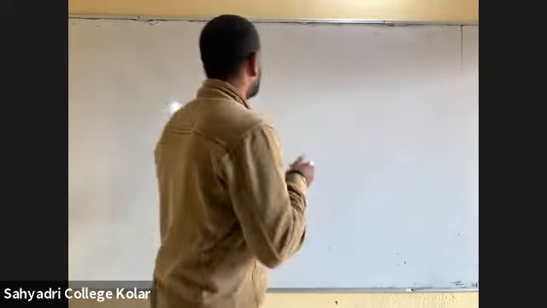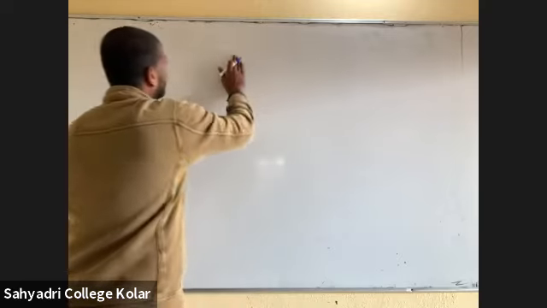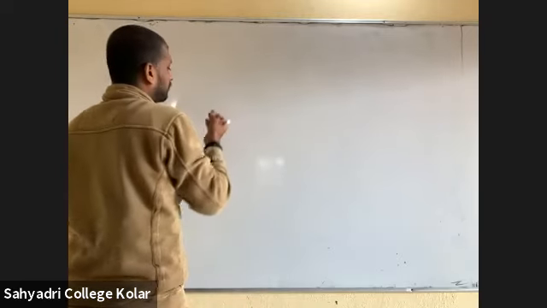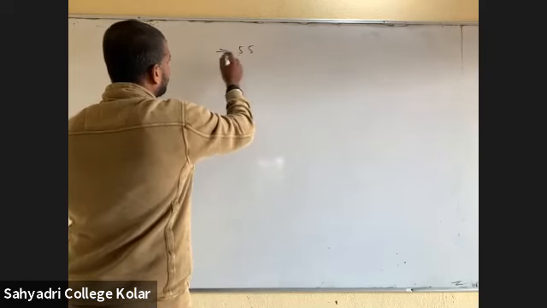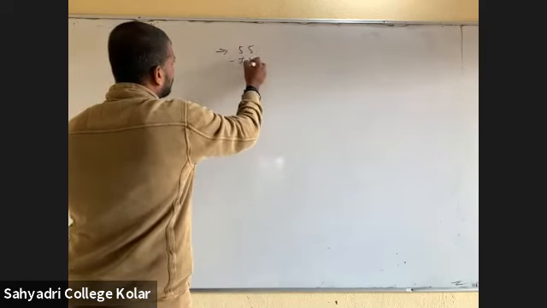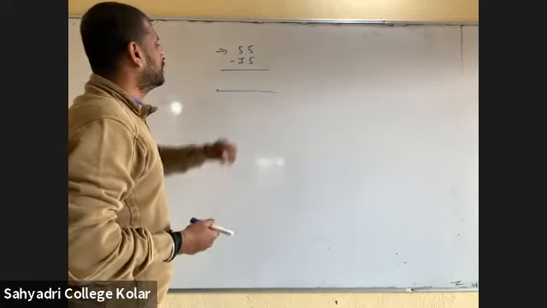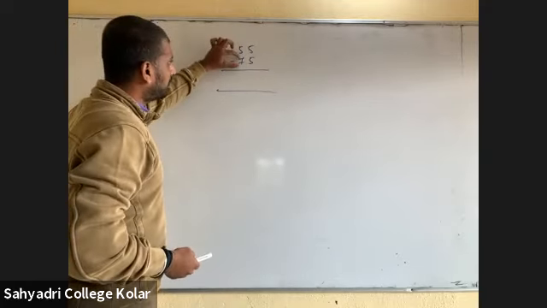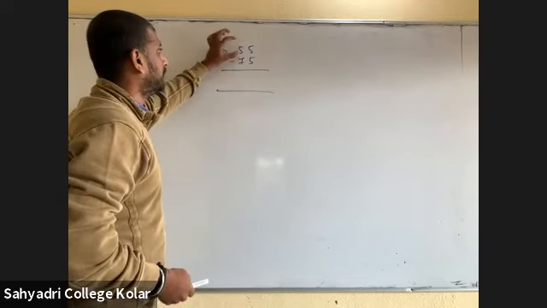Okay. Now let me take an example and explain how to solve the problem. Let me take 55 minus 75. Here you can see you have a larger number that needs to be subtracted by using the smaller number.